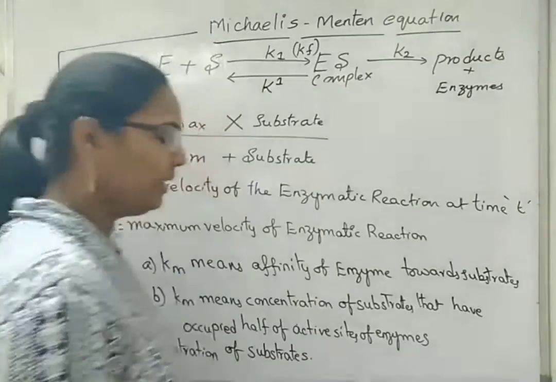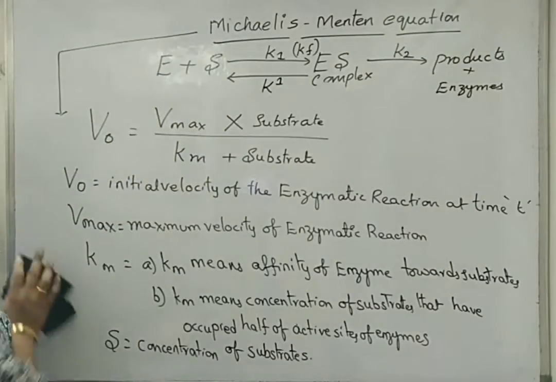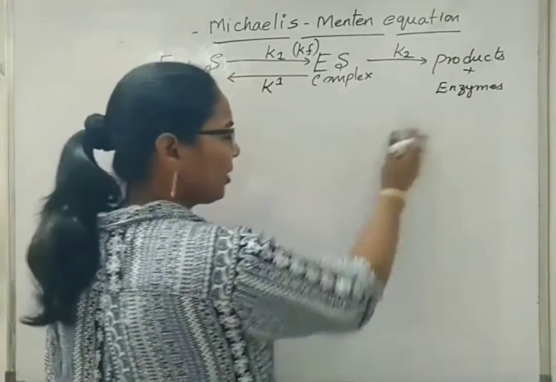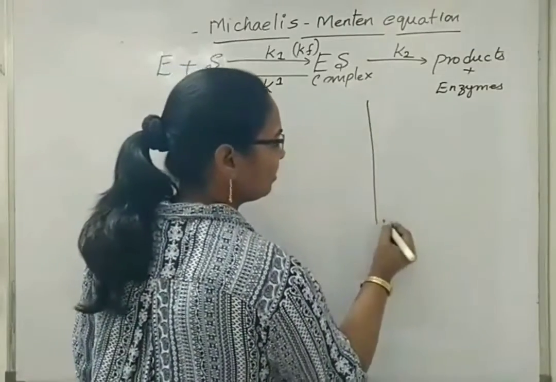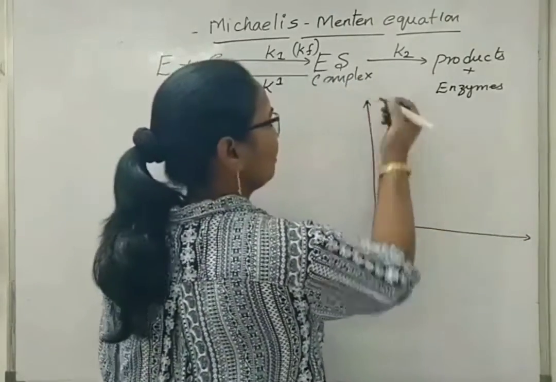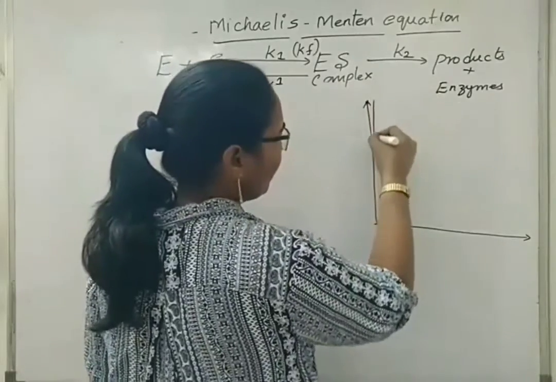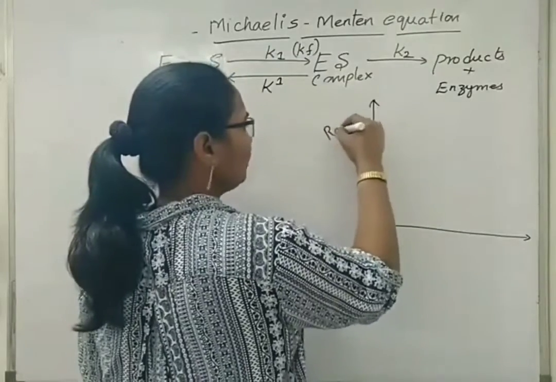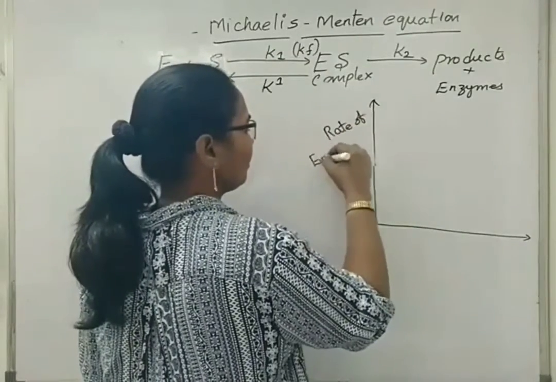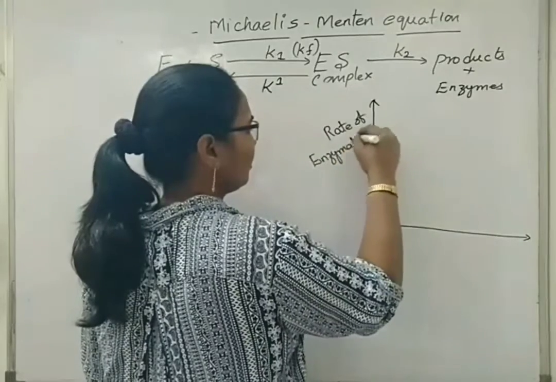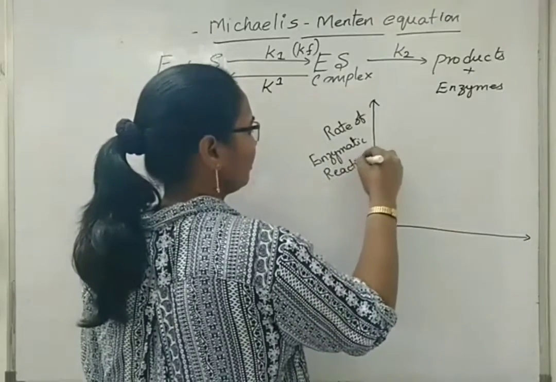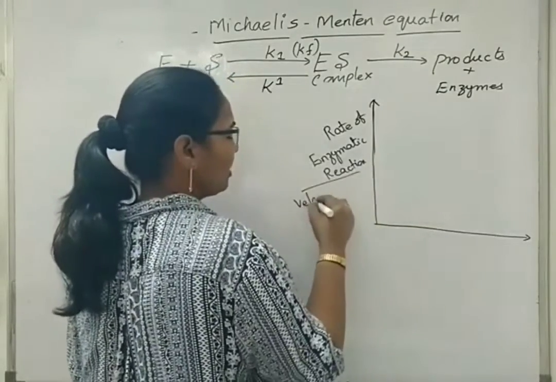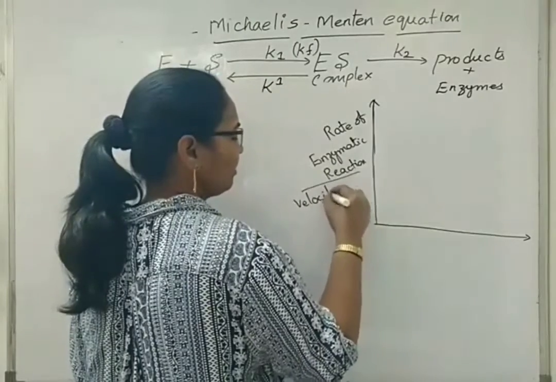Now we will see in detail about all these points once again, the equation enzyme plus substrate, enzyme substrate complex and products, in the form of a graph. We take the upper vertical arrow, the y-axis, for indicating the rate or velocity of the enzymatic reaction.